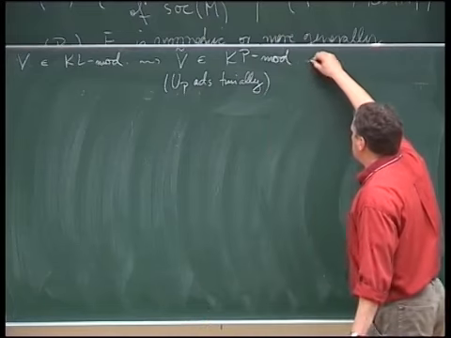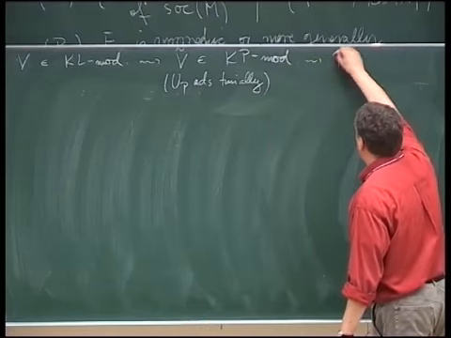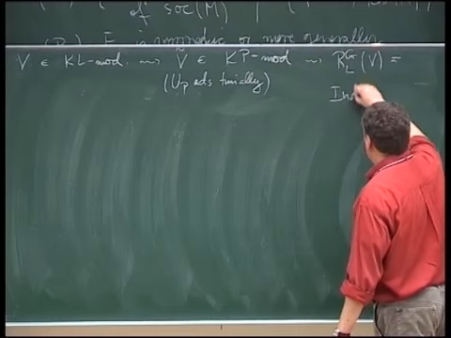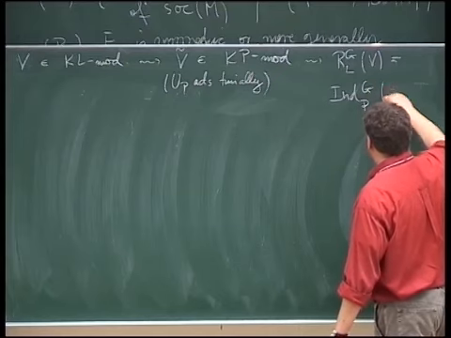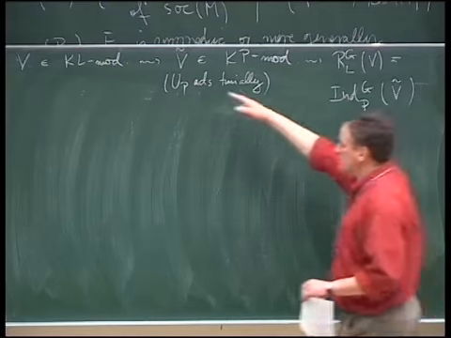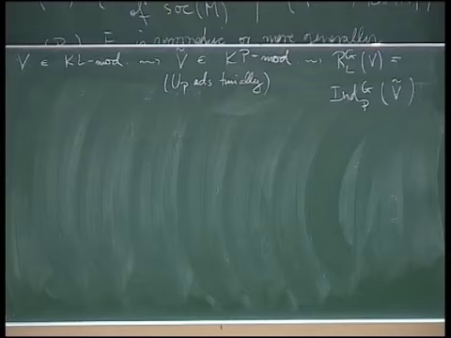And then you induce from here to G. So R_L^G of V is the induction from P. Of course you could have induced directly from L, but you gain a little bit by first going to P and then inducing. So the induced thing will be smaller.